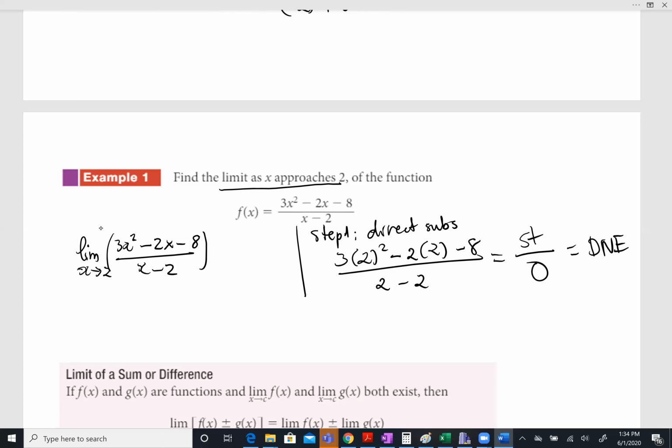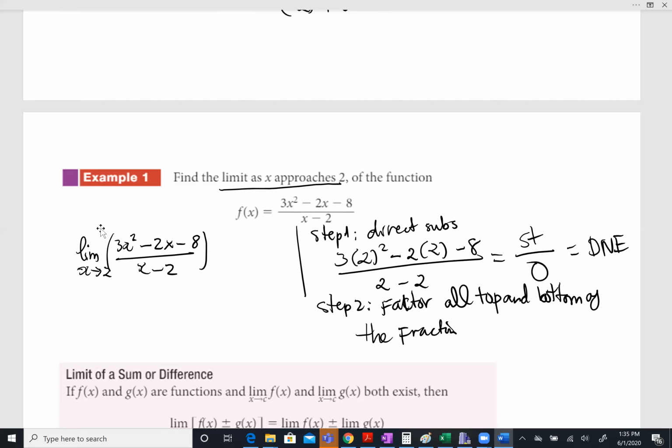So I need to move to step 2. I need to factor both the top and bottom of the fraction.